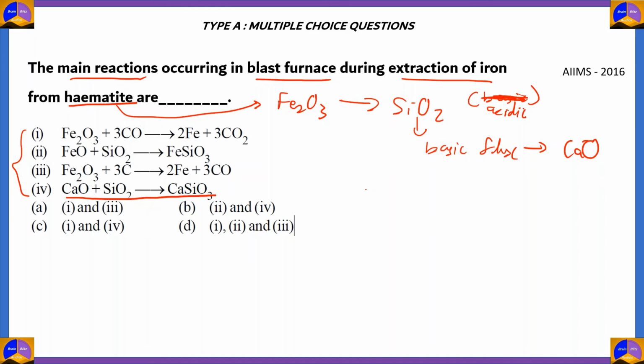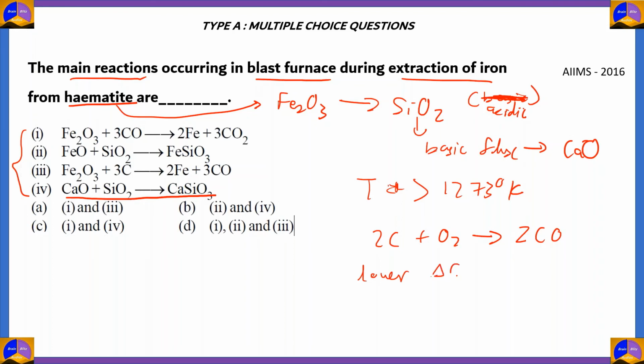Now, in the blast furnace, the temperature is greater than 1273 degrees Kelvin. So at these temperatures, 2 carbon plus oxygen gives 2 carbon monoxides. And this reaction has a lower value of delta G, that is the Gibbs free energy, than the reaction 2Fe plus O2 gives you 2FeO.